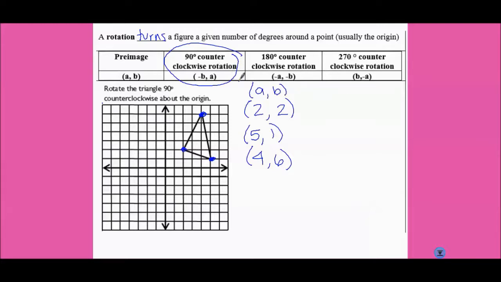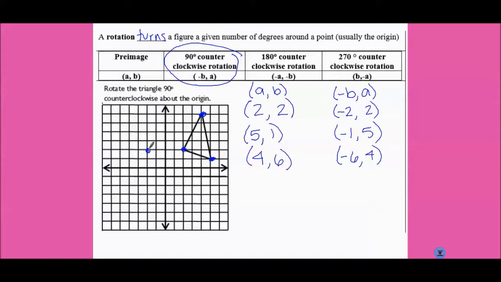To go 90 degrees counterclockwise, we want negative B and A. So I'm going to start by switching all the coordinates because the order switched. And then we're going to change the sign. So we're going to make all these the opposite sign of what they were before. And now we can graph these.